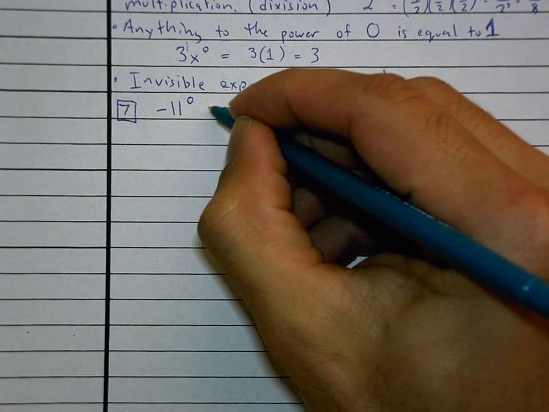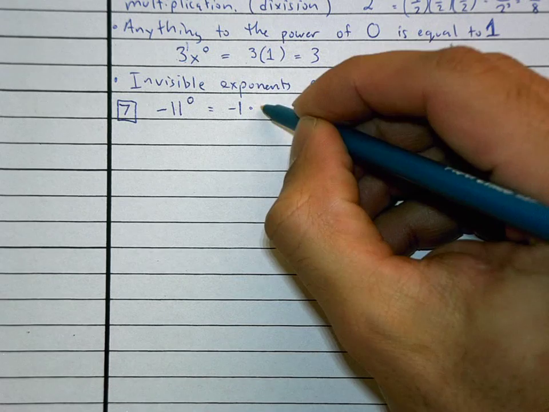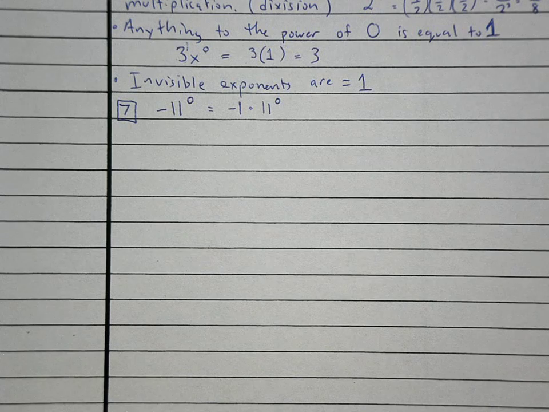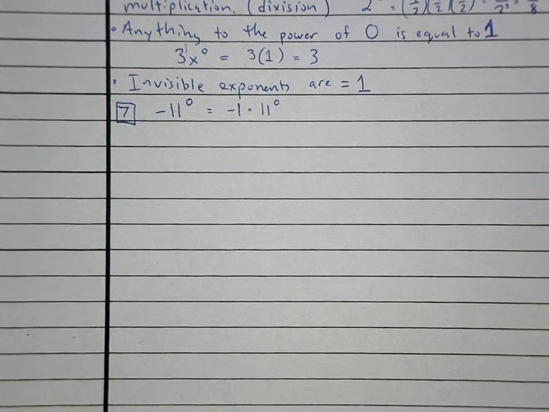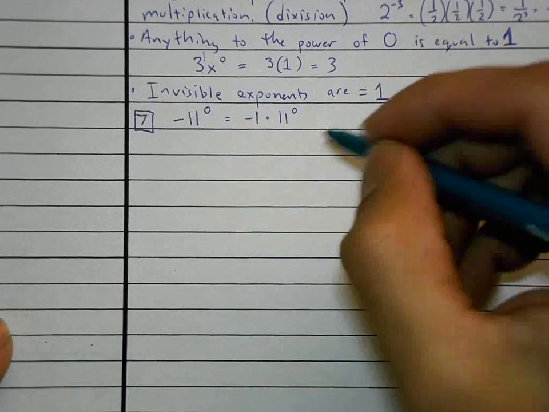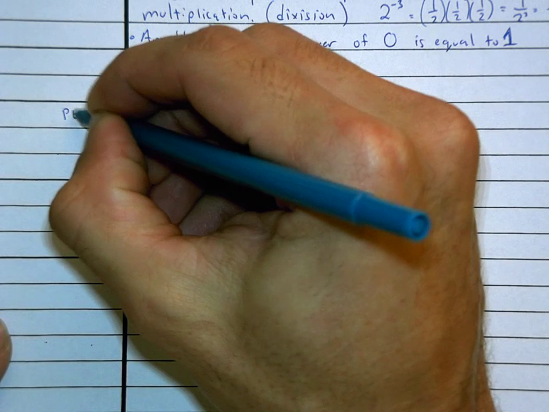So that's how I'm going to write it. I'm going to write negative 1 times 11 to the 0 power. I want you to think of it like that. Or if that doesn't make sense to you, think of it in terms of, please excuse my dear Aunt Sally. I'm going to just write that off to the side.